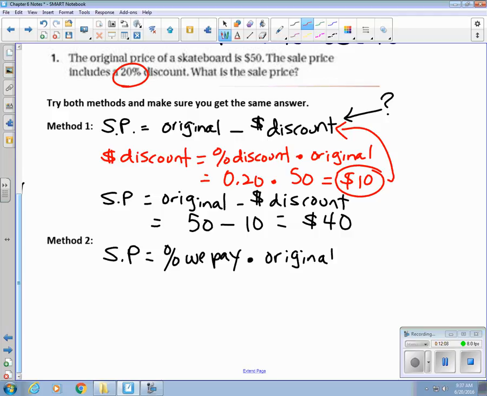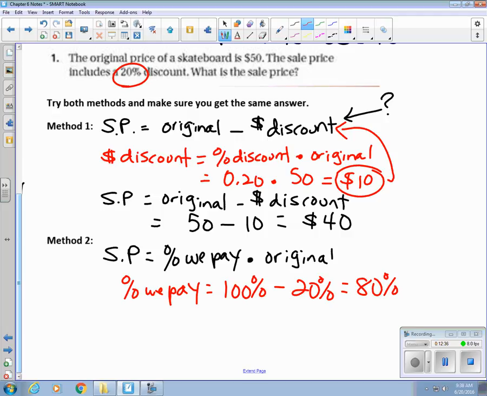Remember, percent we pay starts with 100% as the original, minus whatever discount percent we have, and it's a 20% discount. So the percent we're going to pay is the 100% whole thing minus the 20% that we get to take off, and that's equal to 80%. So we're going to pay 80% of the original.